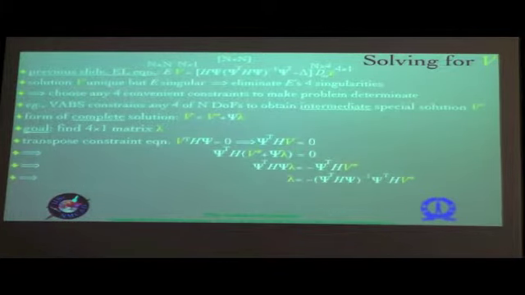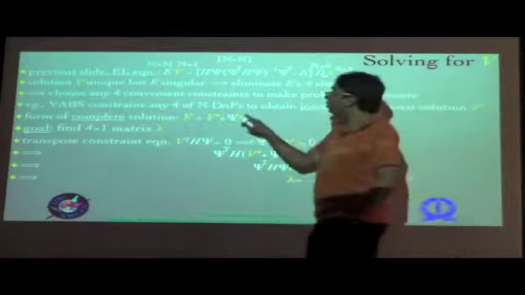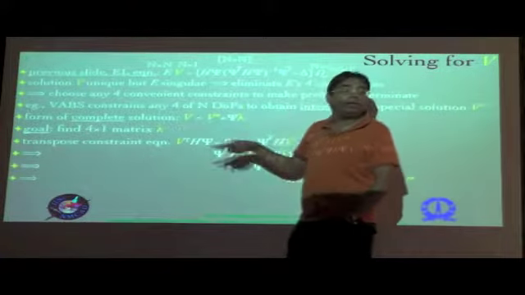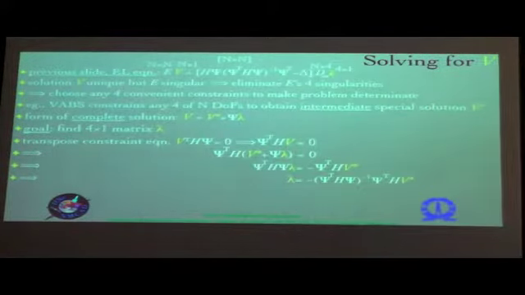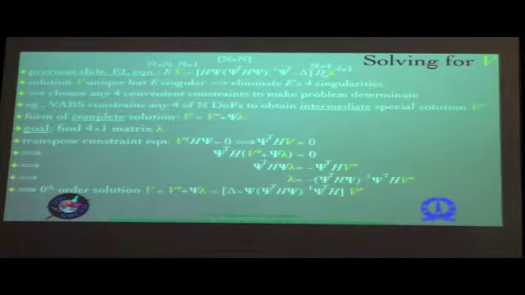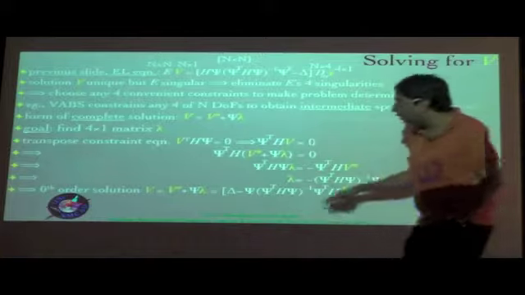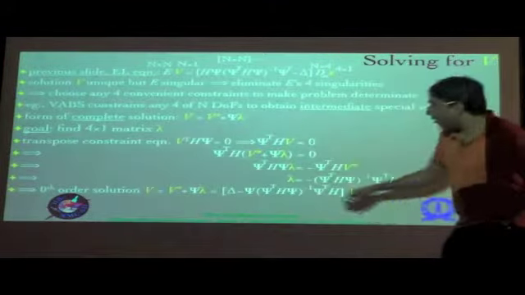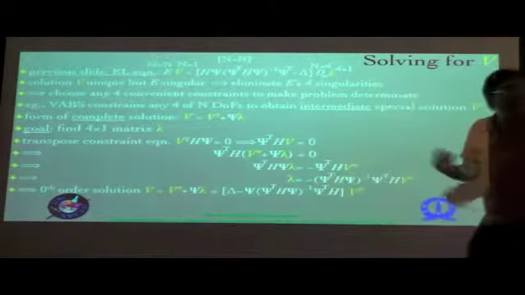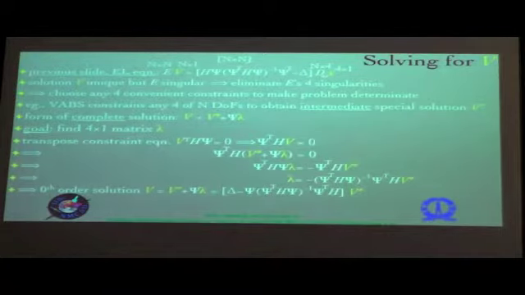Then once we have lambda, you can substitute it back to get the actual solution V, which is proportional to your V star, that specialized solution, and the quantity multiplying it is the n by n matrix as shown.